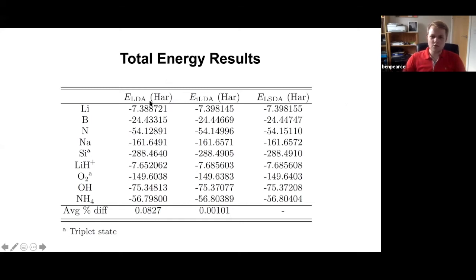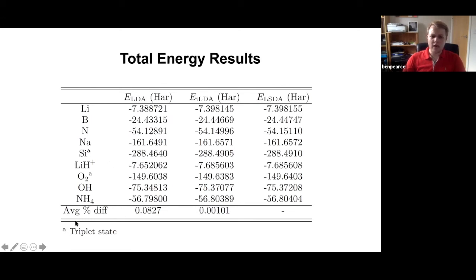So what we did was compare the unpolarized LDA energies with our implicit LDA energies against that of a local spin density calculation for the total energy for a variety of doublet and triplet state atoms and molecules.